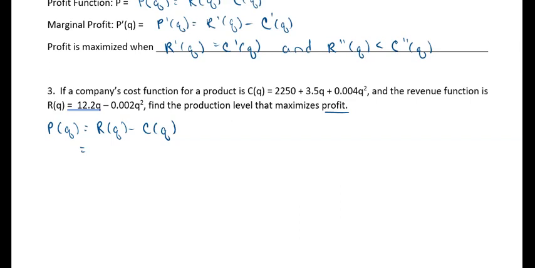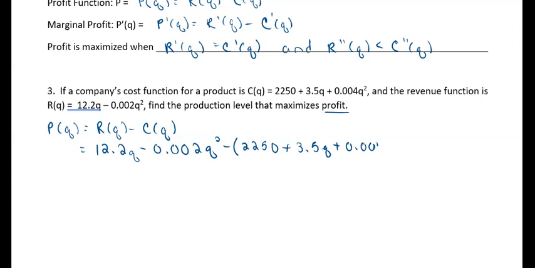And so that would look like our revenue, which is 12.2 Q minus 0.002 Q squared, minus our cost. Be careful. I would recommend putting your cost function in parentheses so that you don't forget to distribute your negative as you work everything through and try to simplify.